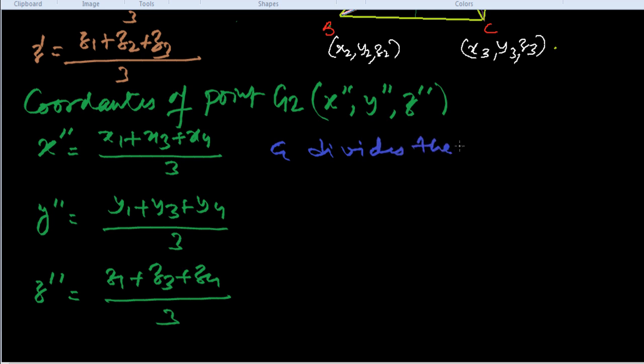G divides BG2 in 3:1 ratio. So m is equal to 3 and n is equal to 1.